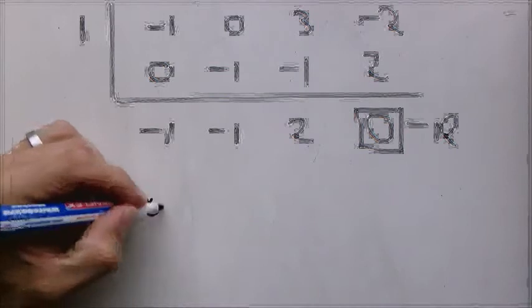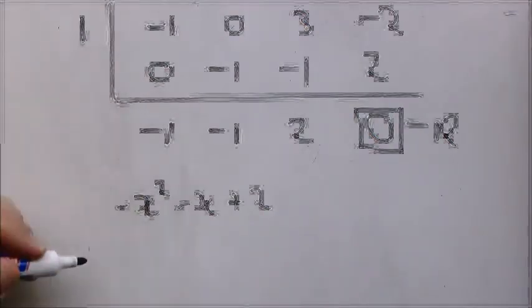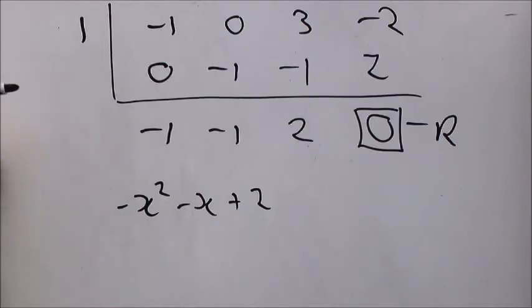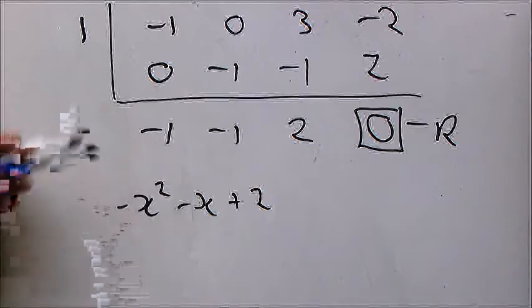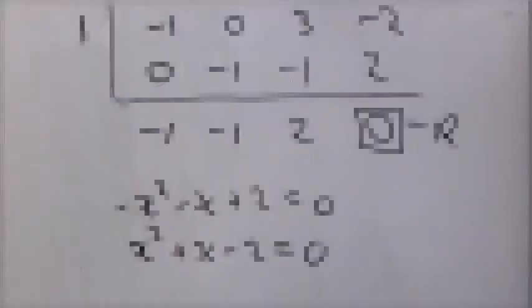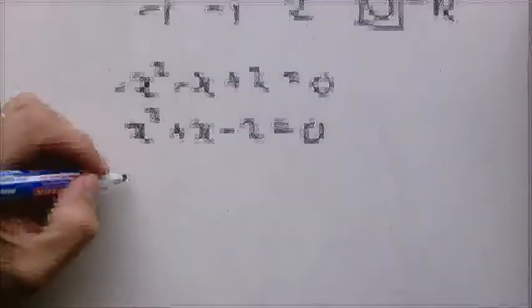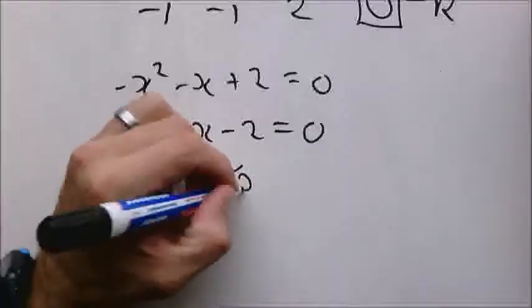So what do we have here? We have negative x squared minus x plus 2. Remember we started off with it being equal to 0. We made y 0 so we can get the factors. So if we work from here, we can multiply by negative 1 on both sides and then factorize.